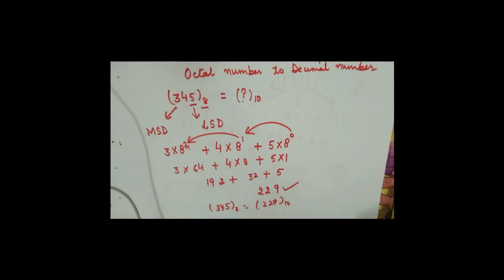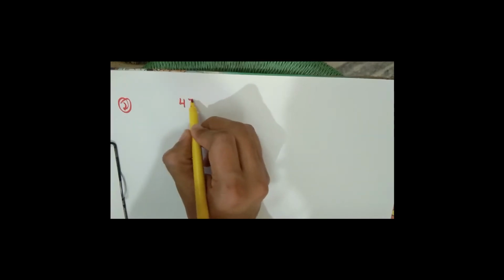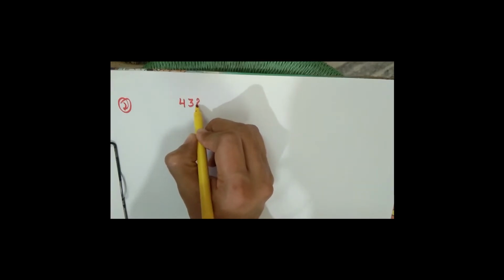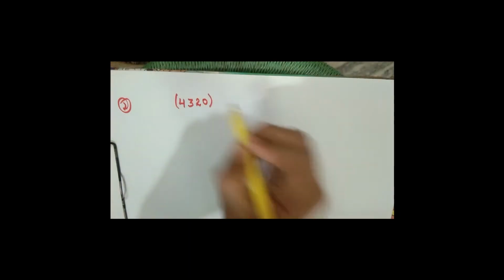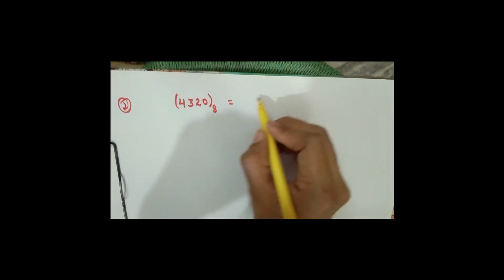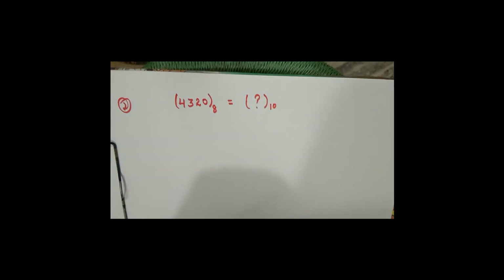Let's move to some other example. Next example is, if I take the number 4320, with the base 8, I want to convert it into a decimal number. The procedure is the same.